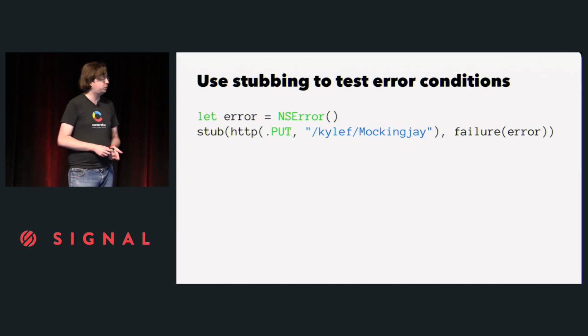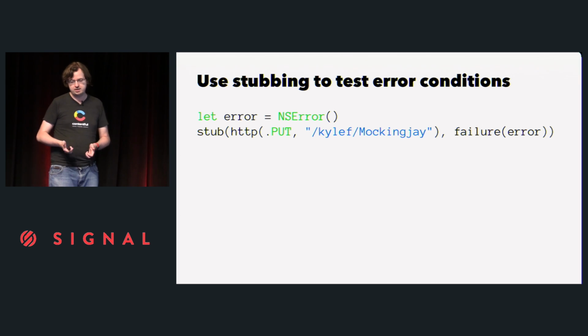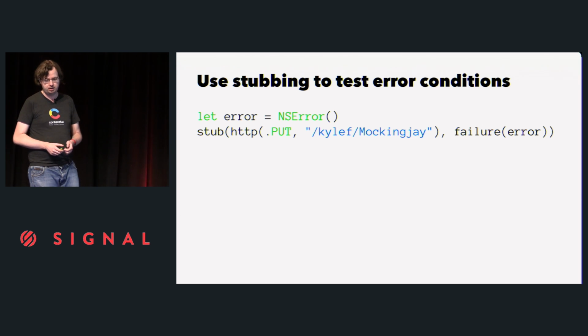What is nice, once we do this kind of mocking or stubbing of network requests, we can also more easily test error conditions. It might be really hard to produce a specific error condition with a live API, but it's really easy when we use a stubbing library like Mockingjay. In this case, we just say, if this URL is requested with a put action, we return a failure.